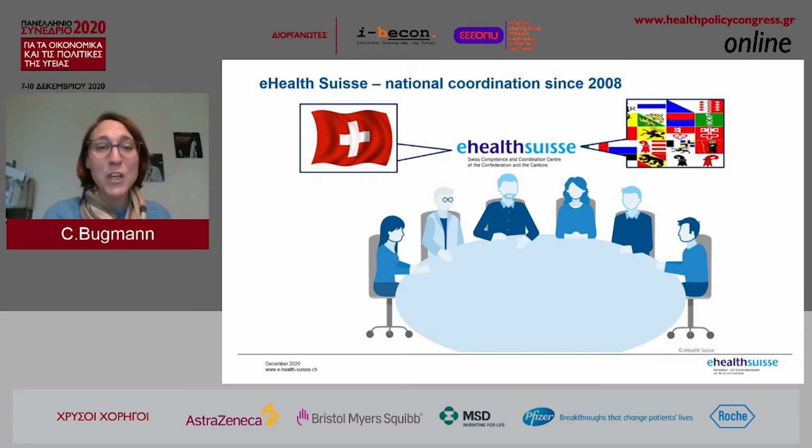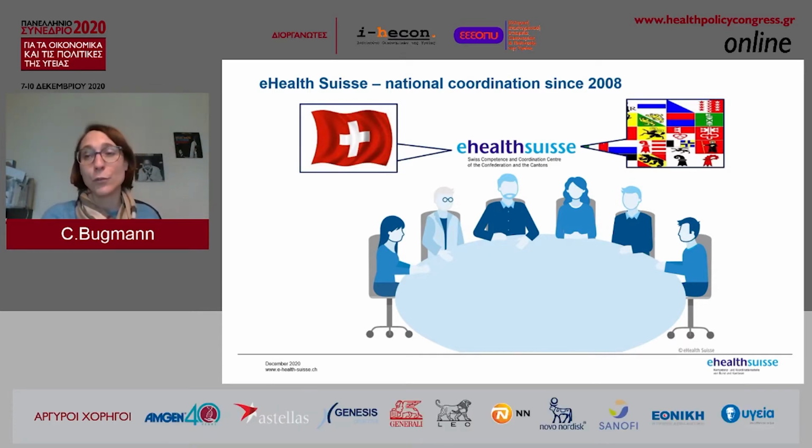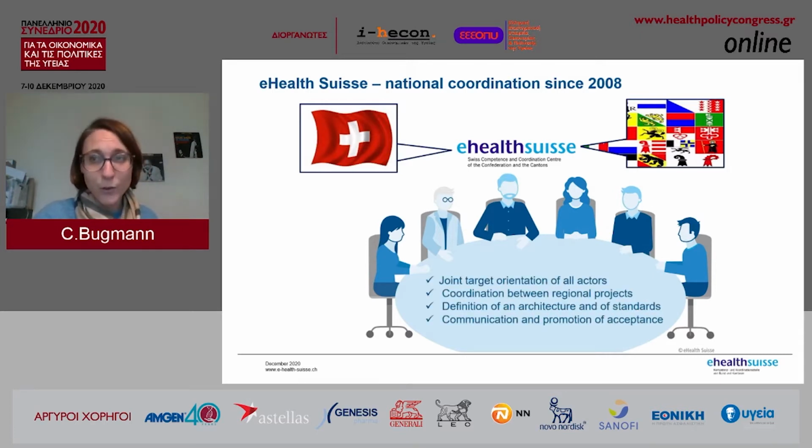So if you want to implement a nationwide IT project like the EHR that we are implementing next year, you actually have to take care of 26 health laws and 26 data protection laws. So it's quite a complicated thing, and that's why eHealth Swiss was founded: to coordinate all the work over these implementations of the EHR.